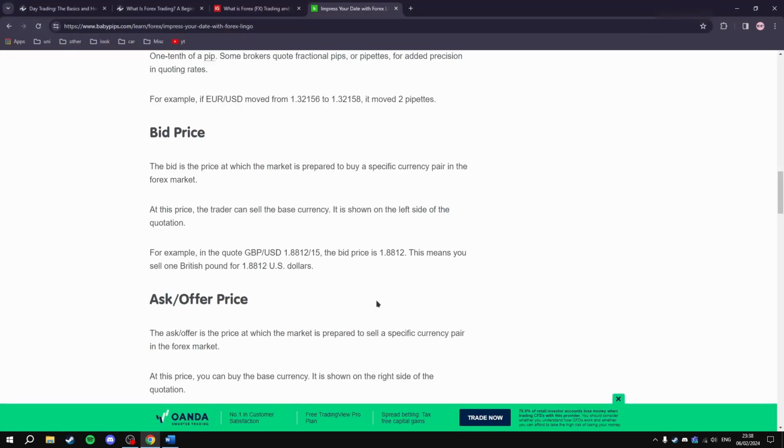At this price, the trader can sell the base currency. It is shown on the left side of the quotation.